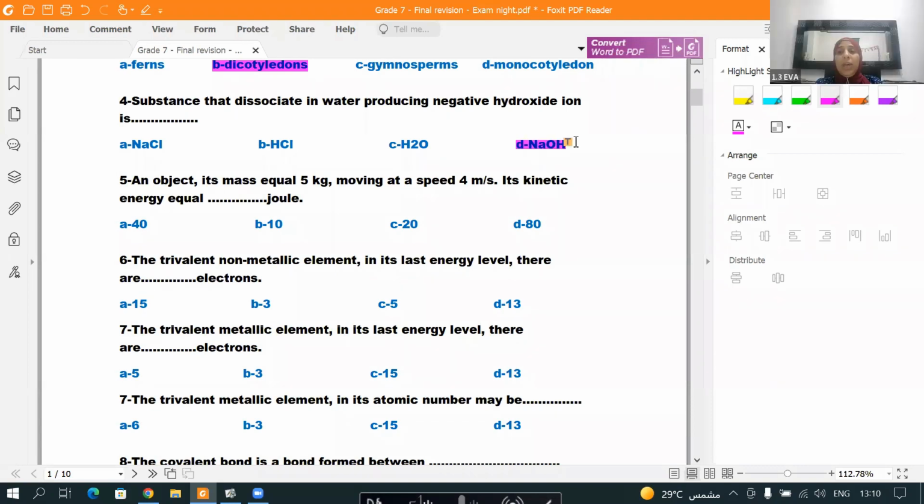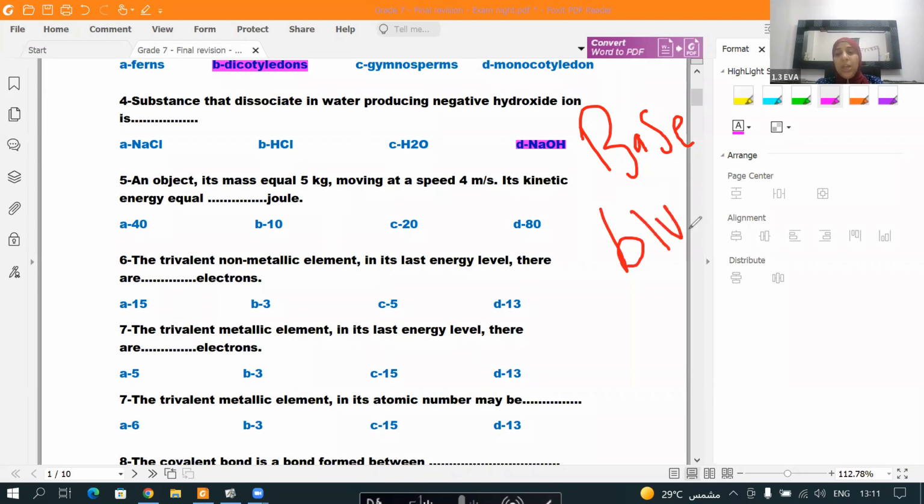Generally, guys, the substances that produce a negative hydroxide ion when they dissolve in water are bases. All bases dissociate in water and form a negative hydroxide ion, like sodium hydroxide, calcium hydroxide, potassium hydroxide, and they are characterized by having a bitter taste, and they change litmus paper into blue.